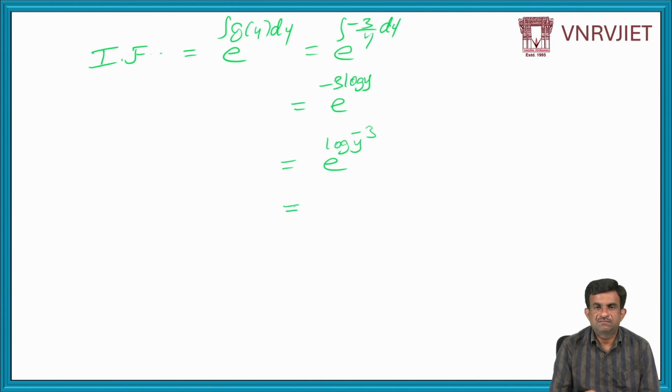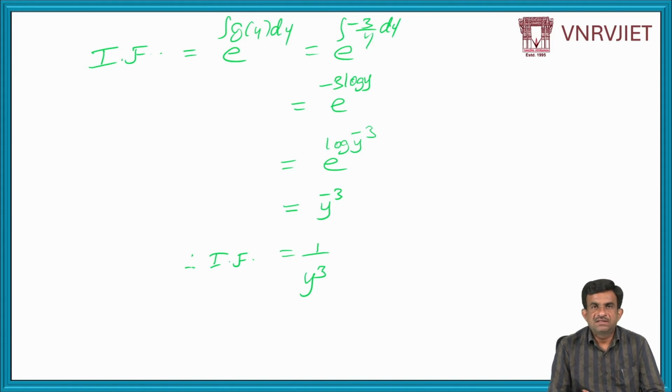Again using the basic formula in logarithm, e to the power of log m, base e, is m. Here m is y⁻³, so you can write this as 1/y³. So therefore the integrating factor we got here is 1/y³.